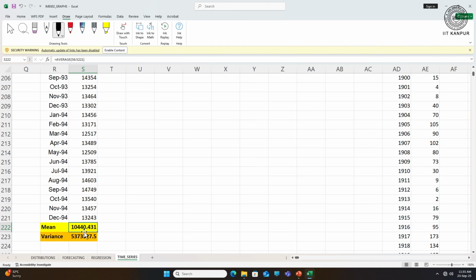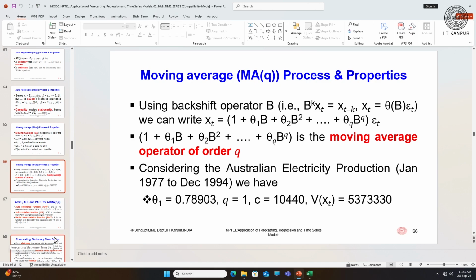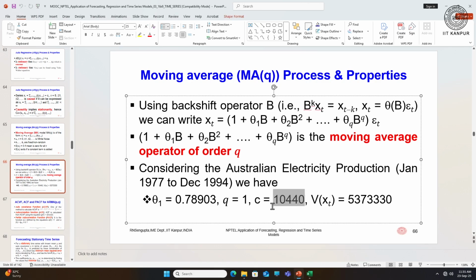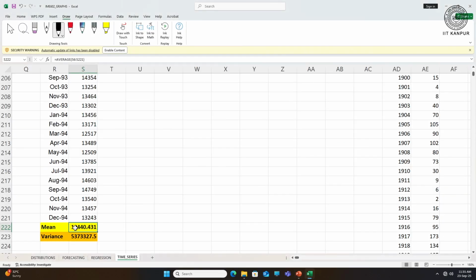Now, here is interesting. If you remember, the yellow part of the mean and the variance we have done, and I mentioned that we will be coming back. Now, check here. The value of C, the constant, is 10440, and here you see 10440.